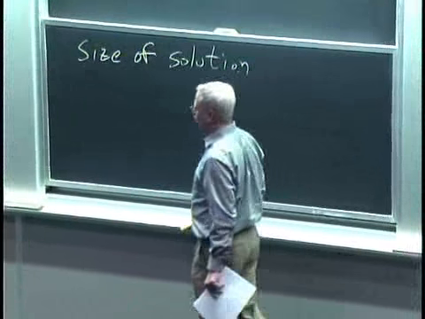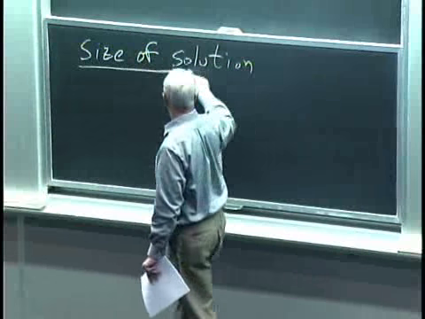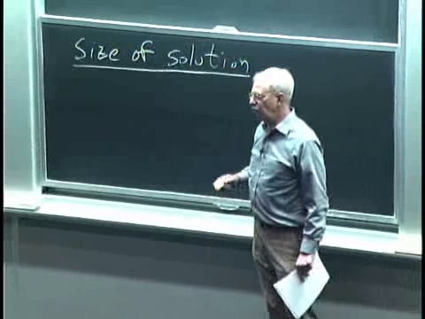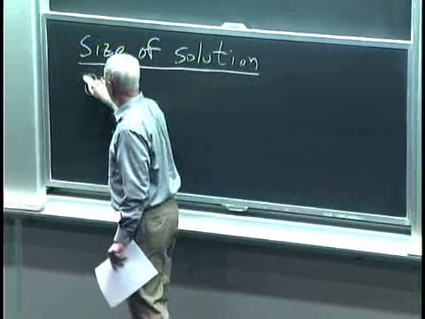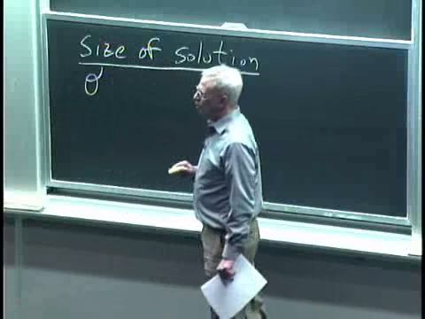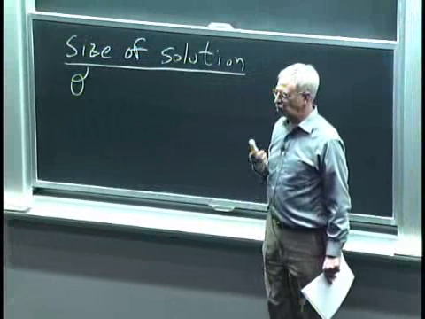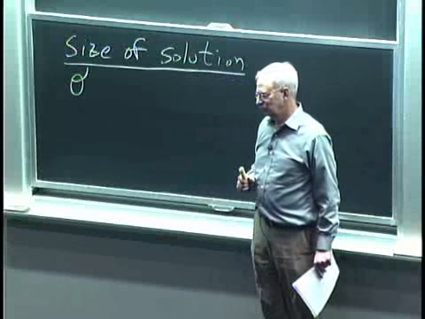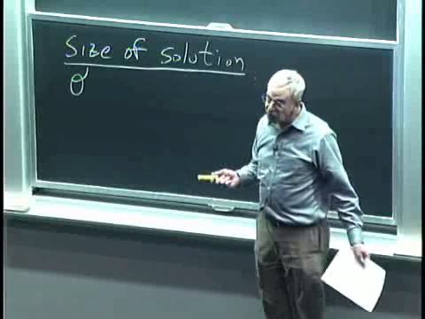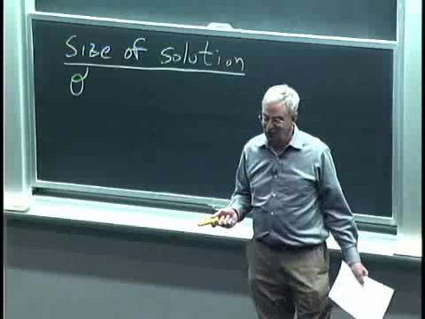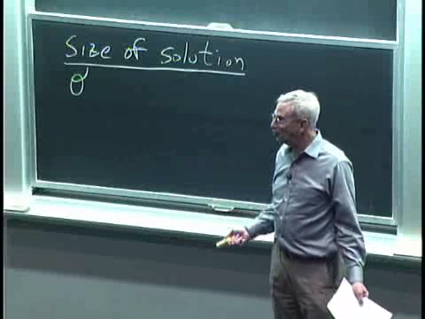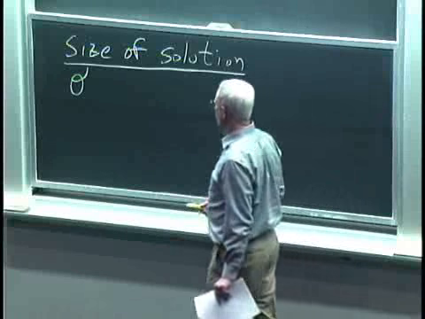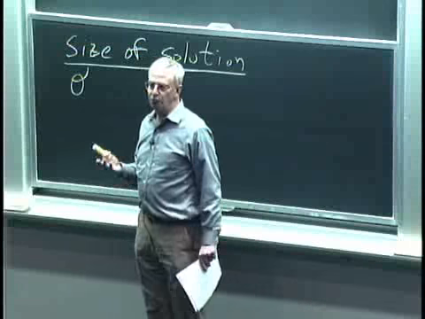This is not the way we like to talk about complexity. When we talk about the order, or big O as we keep writing it, of a problem, we always prefer to talk about it in terms of the size of the problem. And that makes sense because, in general, we don't know the size of the solution until we've solved it. So we'd much rather define big O in terms of the inputs.